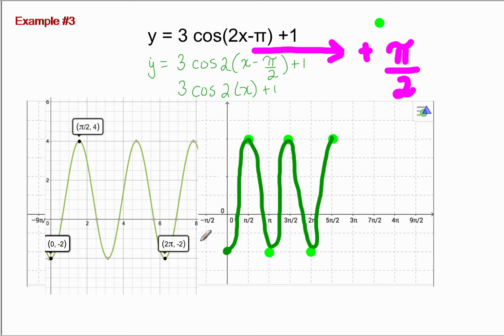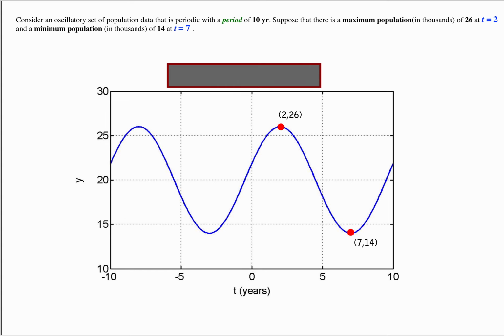And indeed, it does match up. It says 0, -2. I have 0, -2 right here. It tells me I should have a high here at 90, 4. So pi over 2, 4. Yep. And I should end at 2 pi at a -2. Bingo. So tomorrow in class, we're going to talk about how to write the equation if they give us the picture.